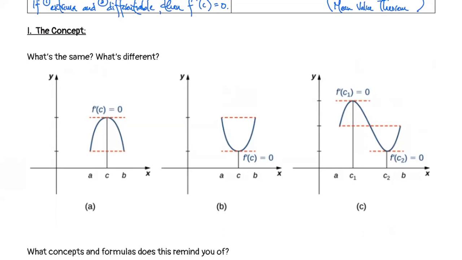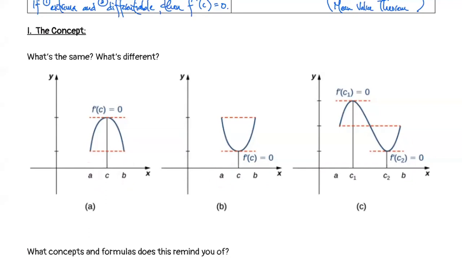Okay, so being specific, what are some things that you notice about the graphs that are the same? Okay. All right, so we've got the domain of A is the domain of B. And we can tell the domain by seeing that we start at A and we end at B. Could we say the same for C?